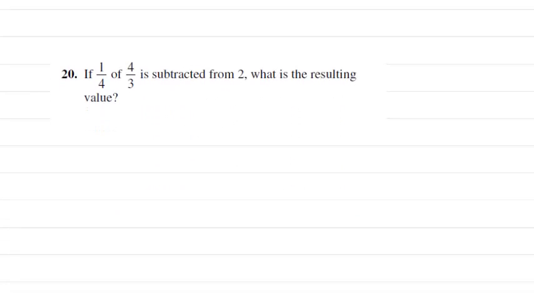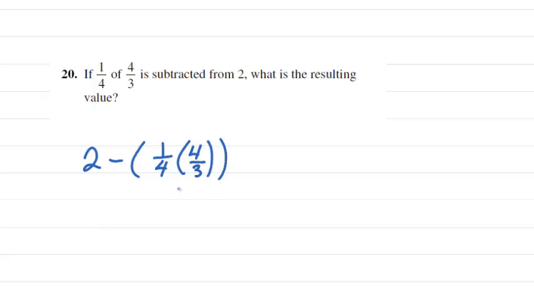Here's a problem from College Board's 2002 practice test. 1/4 of 4/3 is subtracted from 2. Now subtraction is the exception, so the 2 has to come first. I have 2, and I'm subtracting from that 1/4 of 4/3. What's the resulting value?